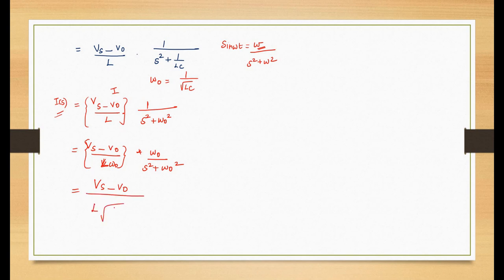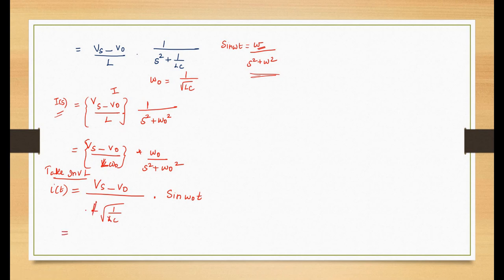L into square root of 1 by LC, into inverse Laplace of omega by S square plus omega square, that is sin omega t. In a similar manner, this is sin omega naught t. Yes, I have to rewrite this.